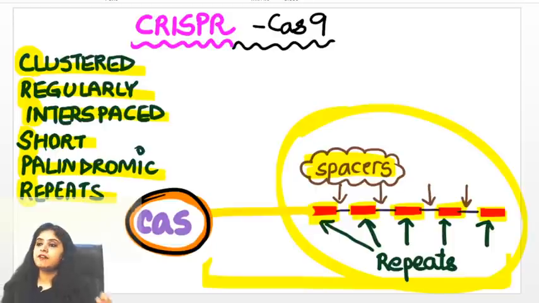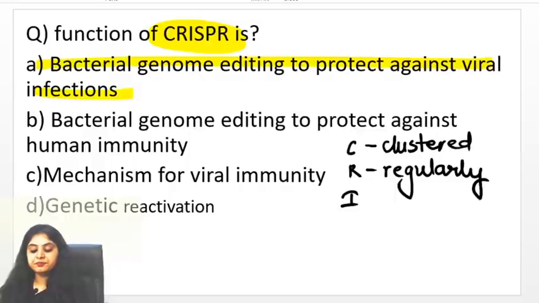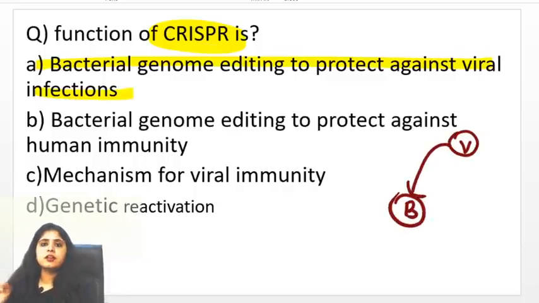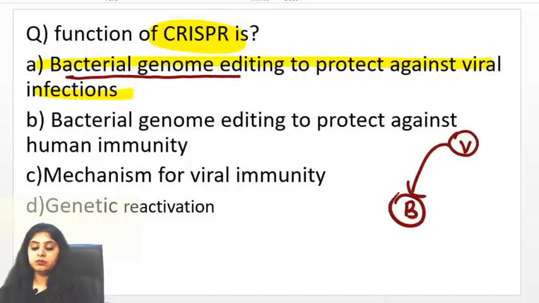What is it? I have to tell you in exactly 2 lines, okay? It was identified because there were bacteria, and those bacteria said that viruses are trying to infect us, so we should also have an immunity that we can fight against viruses. So they said we will have an immune system to protect ourselves against viral infections.